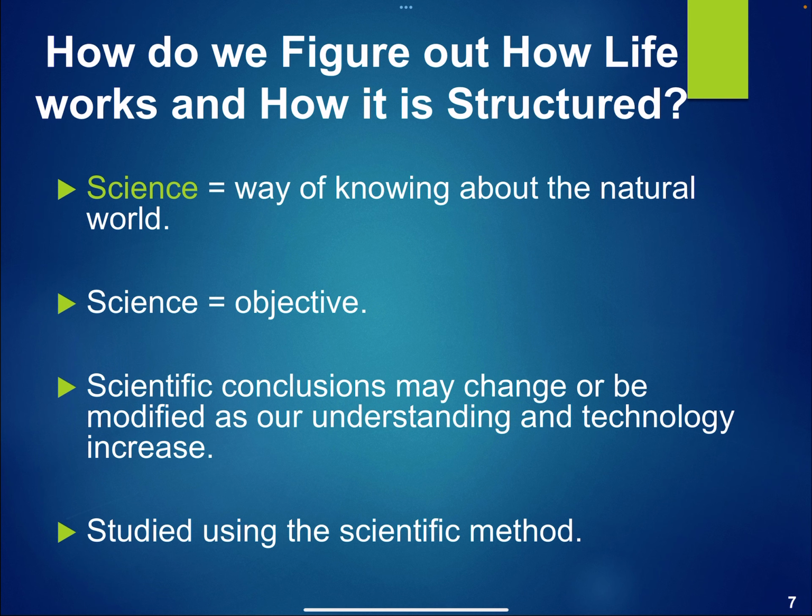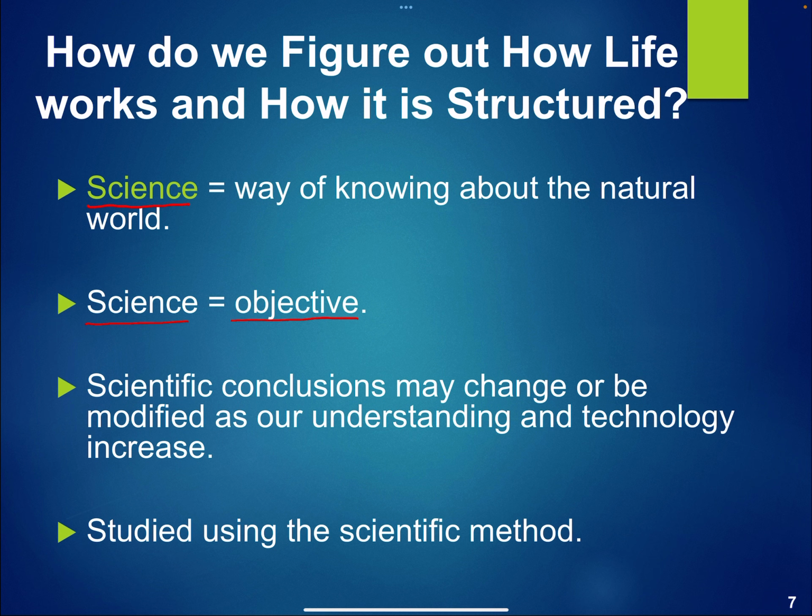So, science is a way of knowing about living systems and about the nature around us. A characteristic of science is that science is objective. We have to be able to measure. We have to be able to quantify. It's not about what we believe or what we trust. It's about what we can see, what we can measure, right? What we can quantify.